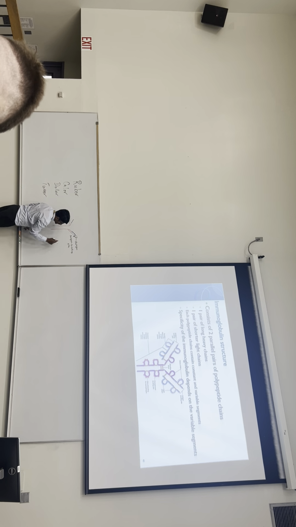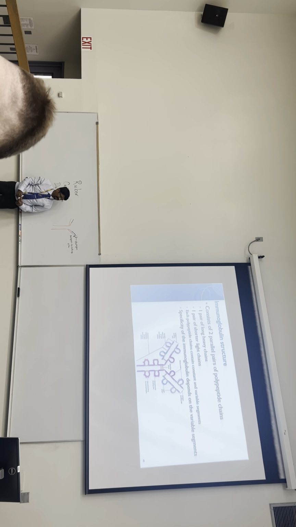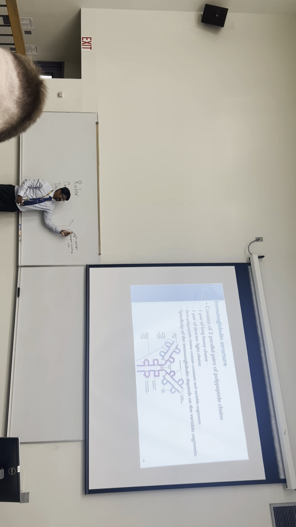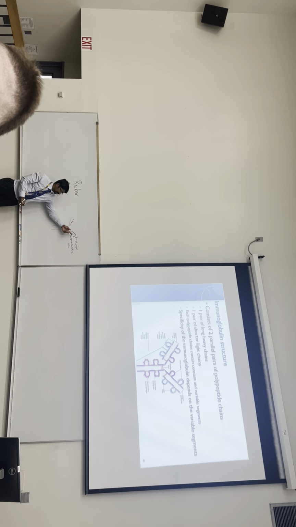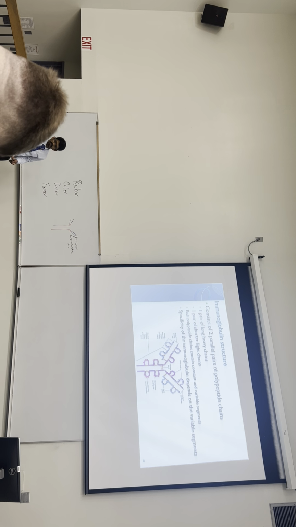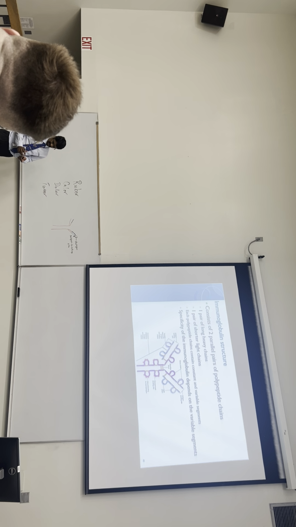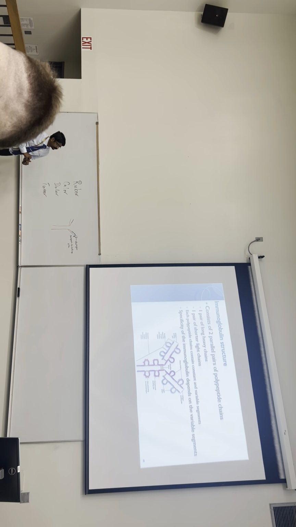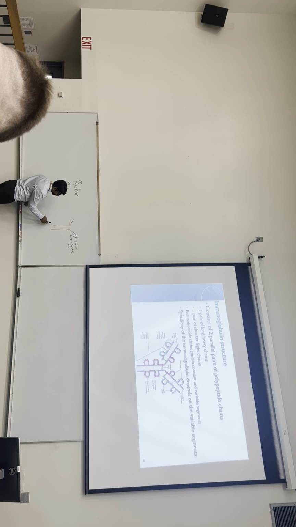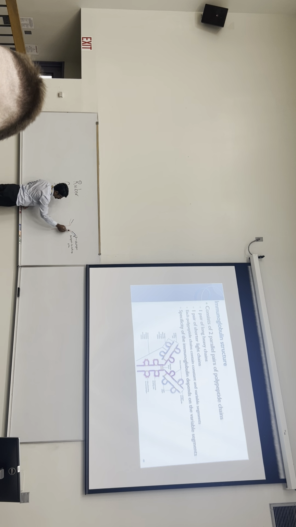Remember how we said it is specific? It's because this part is different in all different antibodies, or immunoglobulins, which will also be receptors on cells. We'll talk about B cells, we'll talk about mast cells. So they have a pair, and I drew one longer, right? 2 long ones and 2 short ones.